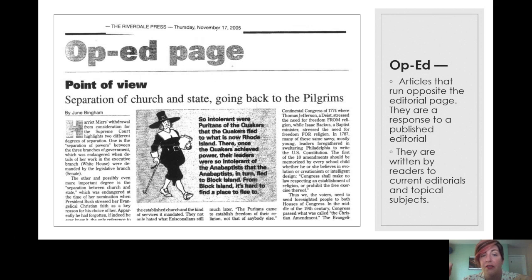And although it's kind of cut off in this example, usually what newspapers will do is they will put at the end, even though they already did a byline for her, a little bit of information like June Bingham is a citizen of Jacksonville. She has been a resident for 17 years. She's involved with this or that. So they give a little bit of background information so you understand who this community writer is.